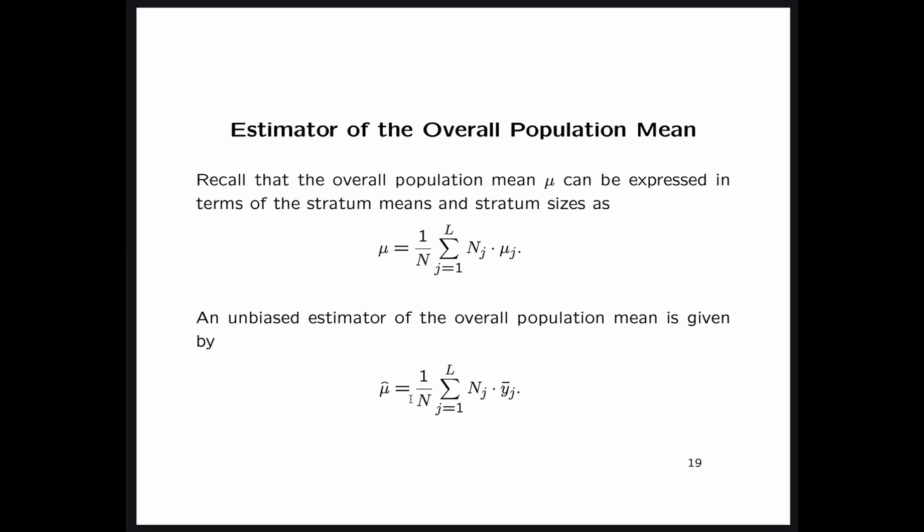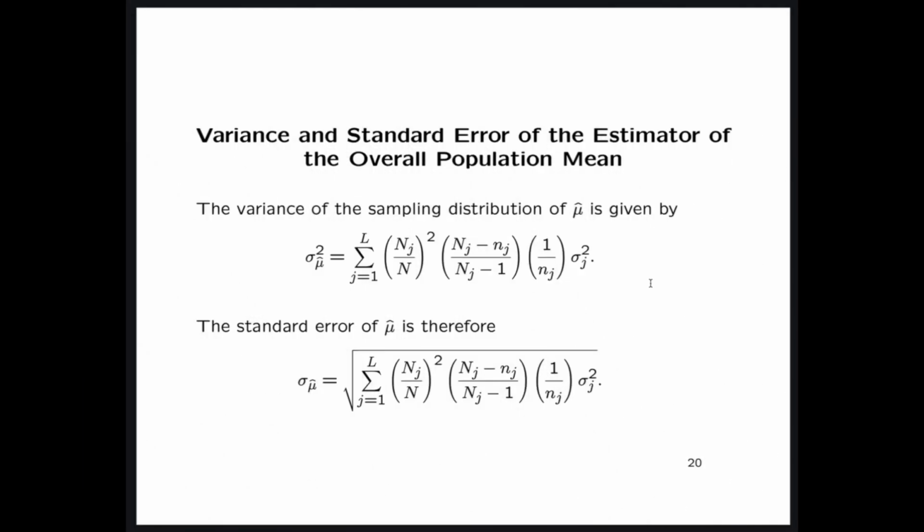It's a weighted average: 1 over cap N times the sum, j going from 1 to cap L, of the products of the stratum sizes times the means of the samples selected from those strata. Now notice that in order to compute this, we're going to have to know the stratum sizes, obviously.